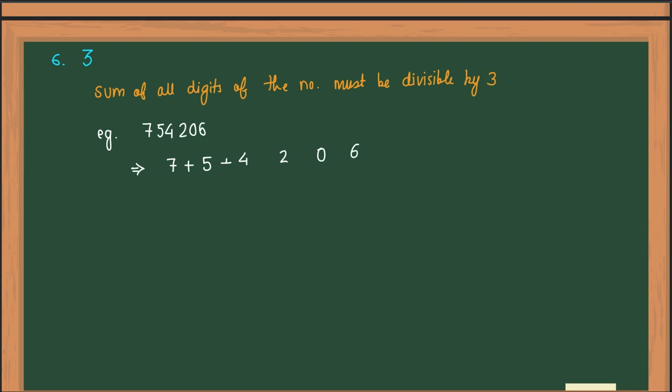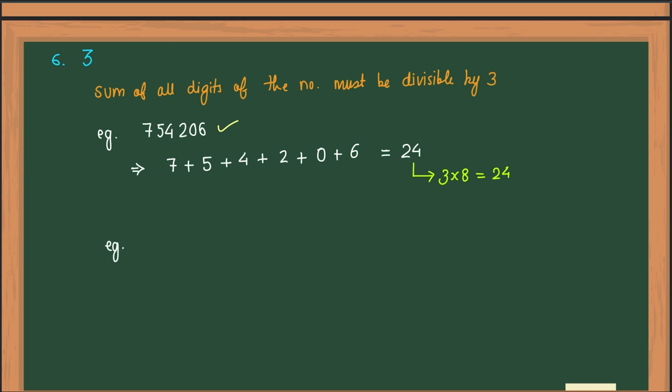Just add them up. On adding up, you will get the number 24. Now check whether this number is divisible by 3 or not. We can simply say that when 3 is multiplied with 8, we get 24 only. It means that the rule is applicable over here. So this whole number is divisible by 3.